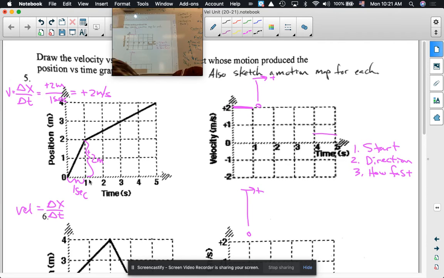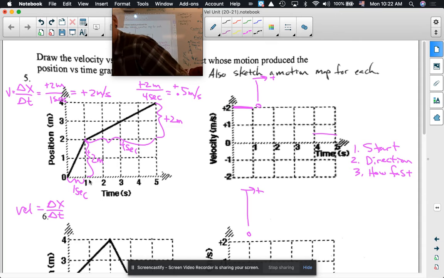Now we have the second part, which is another rise section, which is positive 2 meters, like the last one, only this time that's happening over a 4-second time interval. So now we have, again, a change in position of positive 2 meters, that's your delta x, over the time interval of 4 seconds, which gives us positive 0.5 meters for every second.